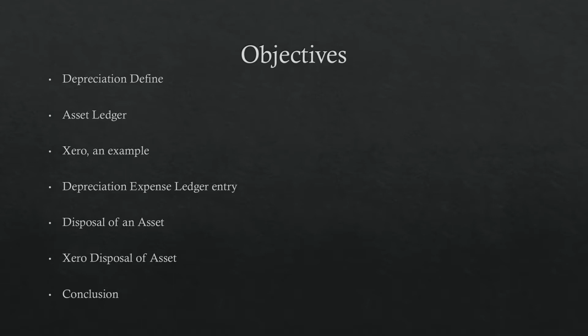We're going to implement it in the ledger. Then we move on to how Xero does it in terms of that whole ledger experience. Then we move on to the depreciation expense and the ledger, the disposal of an asset, Xero disposal of an asset, and then we'll conclude.